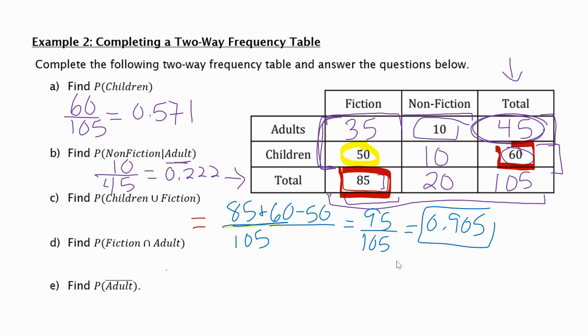For the last two, they're both going to be out of 105 because that's our total amount. The probability that they chose fiction and they're an adult would be 35 over 105.